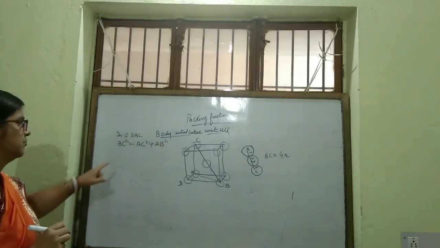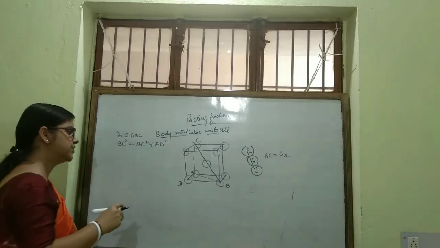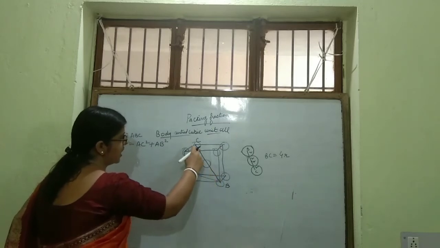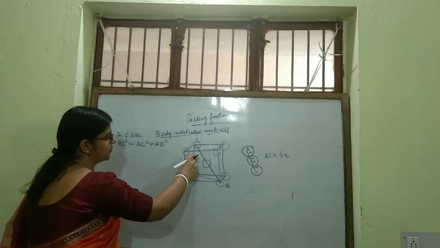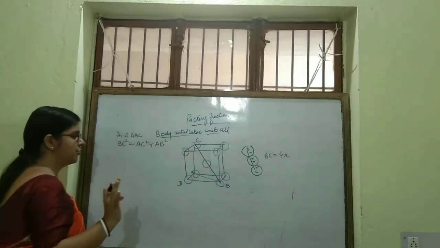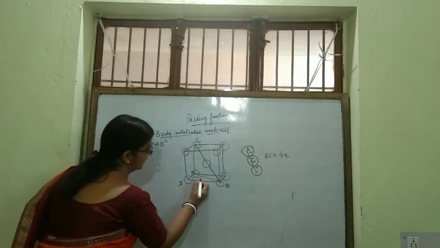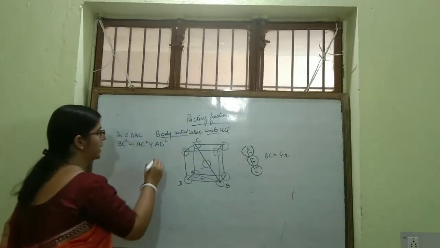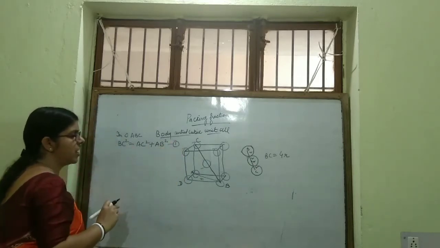We can write BC² is equal to AC² plus AB². Here you see, this is a right angle triangle and this is the hypotenuse. So hypotenuse squared is equal to perpendicular squared plus base squared. You don't have any problem with this? Suppose you are writing here equation 1.